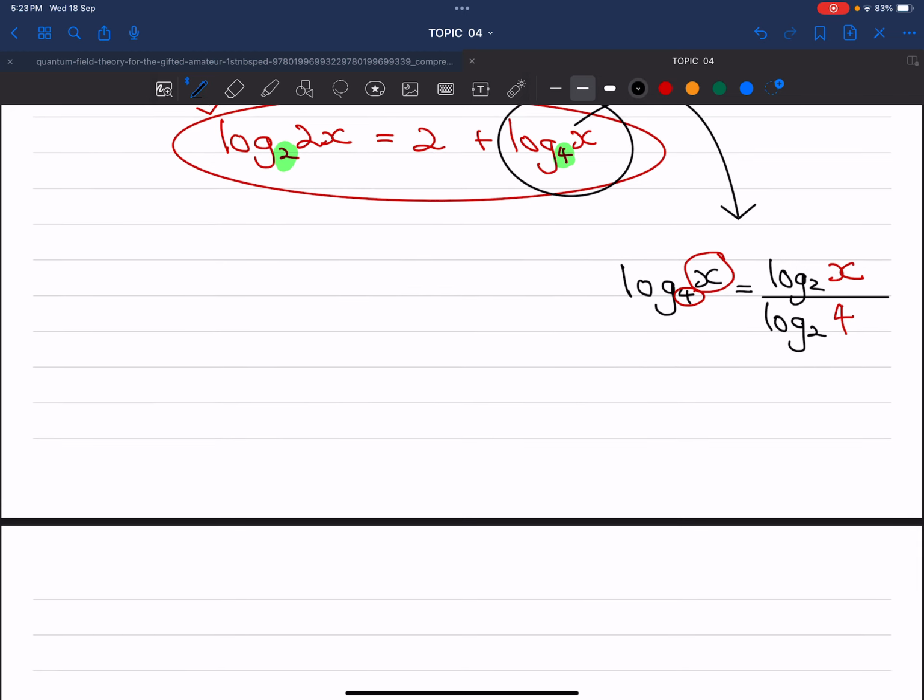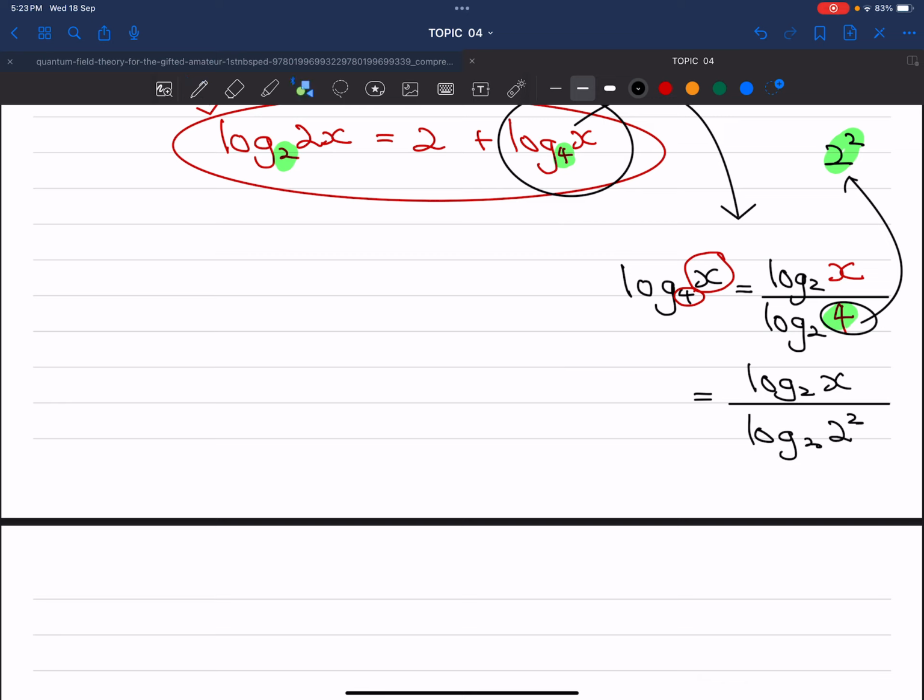But this 4 is actually 2 power 2. So the 4, we can change it to 2 power 2. So now this becomes log x base 2 above, and below, log 4, which is 2 power 2, base 2.